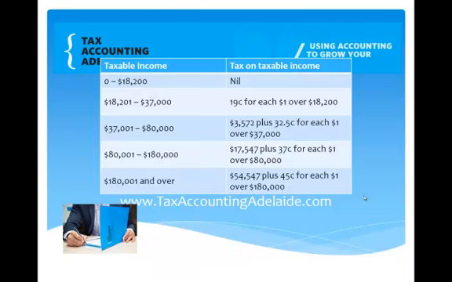This does not include additional taxes such as the Medicare levy and the budget repair levy, and these are also subject to change every year. You'll find those announced on the annual government budget night, which announces changes to the tax rates.